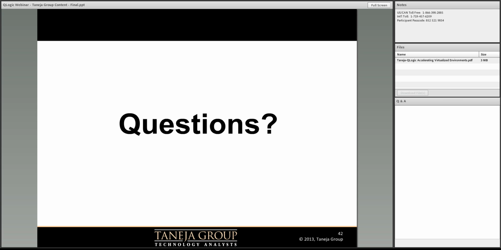Okay, the next question, it says, do all server-based approaches work with VMware or Hyper-V? So Cameron, I'm happy to take a stab at that first here. There's a number of solutions in the market for server-based caching acceleration. And no, they don't all work with VMware or Hyper-V. Support for hypervisors varies by vendor.